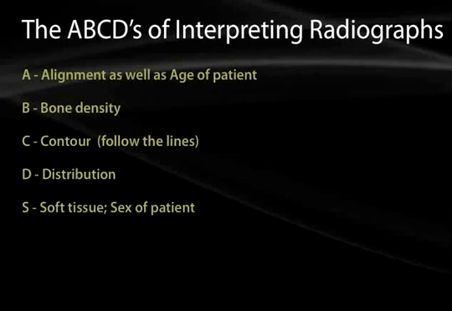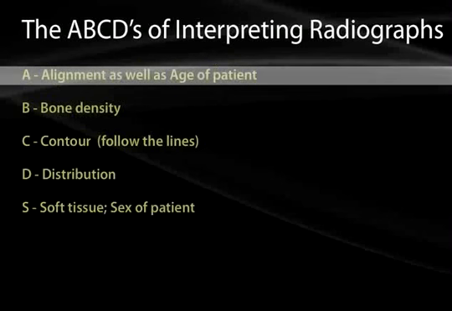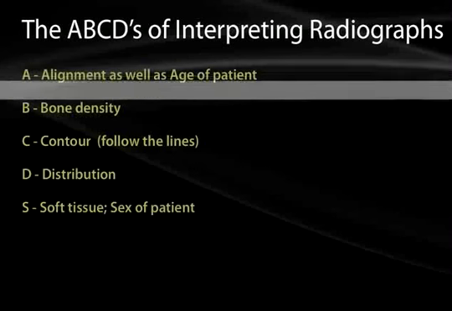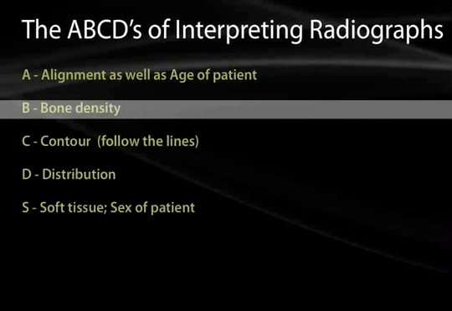Remembering the A, B, C, D's of imaging can be helpful. First of all, A for alignment, as well as age of the patient, which will play into your interpretation. B stands for bone density, which you should assess relative to age, alignment, and body.